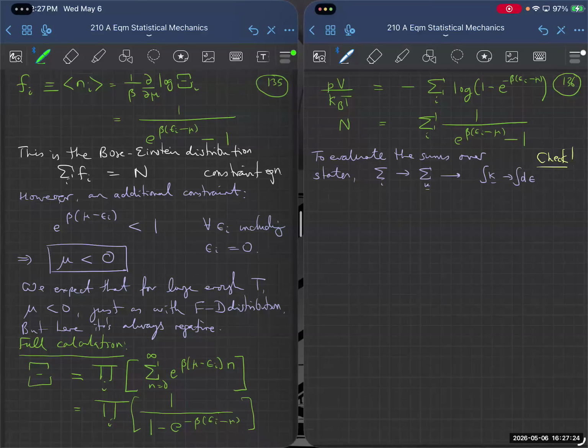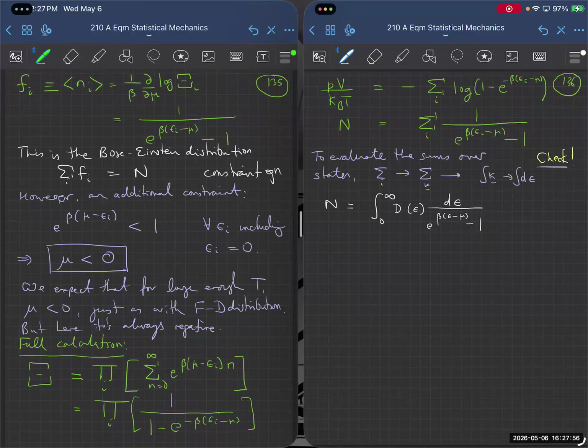First of all, let's look at the constraint equation. The constraint equation is going to be the integral from 0 to infinity of the density of states in energy, d epsilon, times 1 over e to the beta epsilon minus mu minus 1. The density of states in energy was a formula that we derived before.